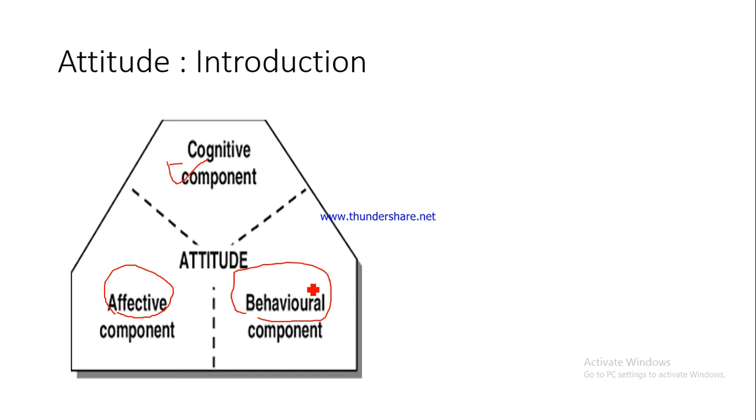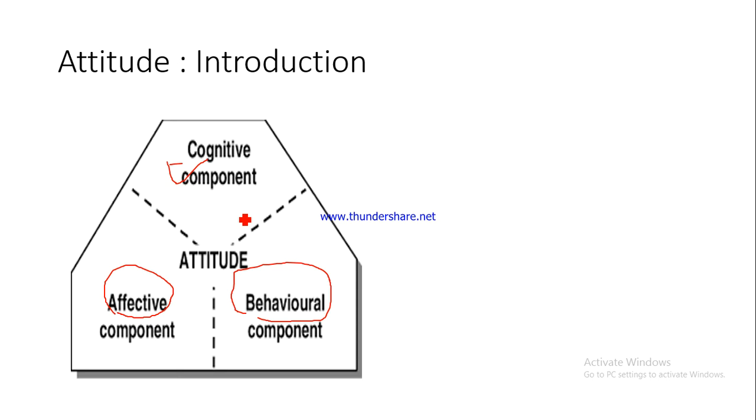Do you recommend this particular brand of biscuits to your friends, or do you not like it, or do you spread a good word of mouth about it, or do you spread a bad word of mouth about it? So these are the behavioral aspects of attitude. Is this fine? So basically these three components together make up an attitude.